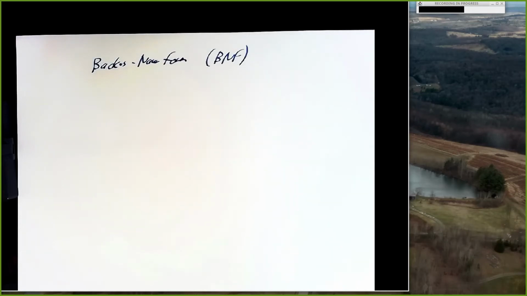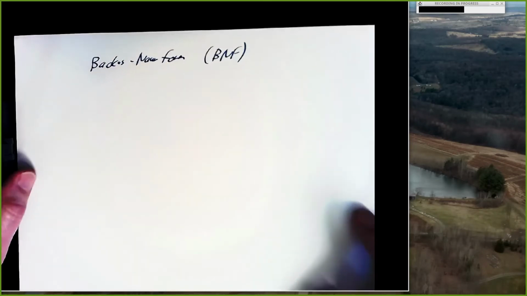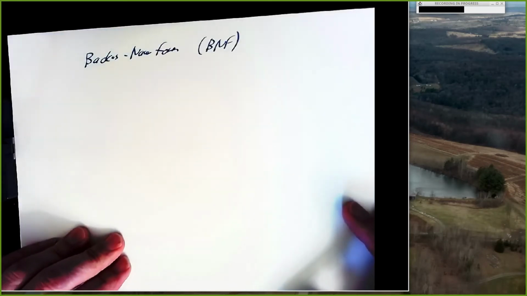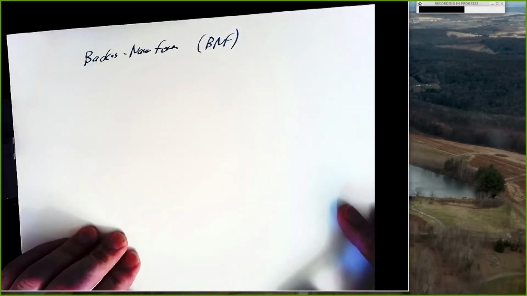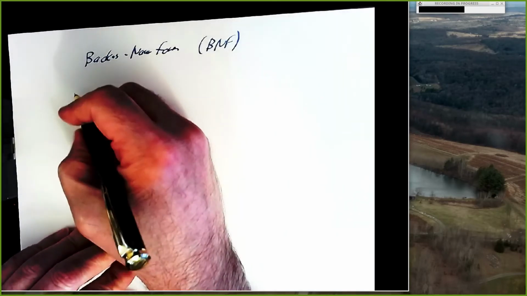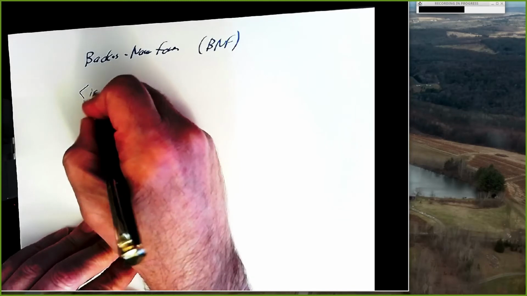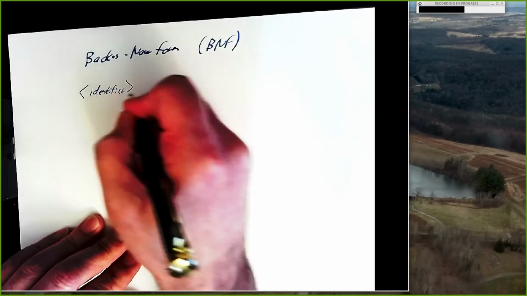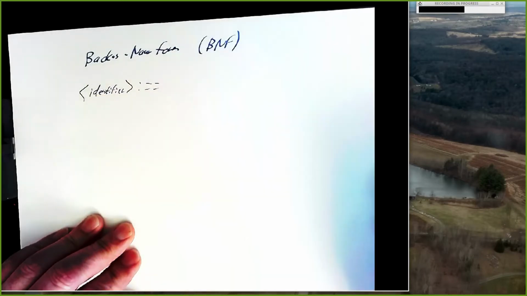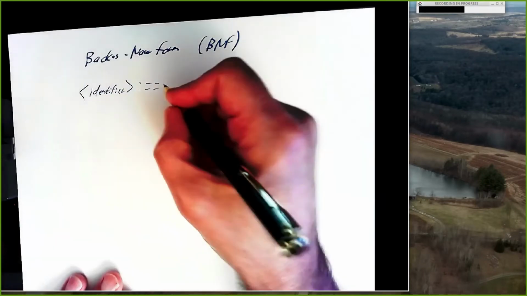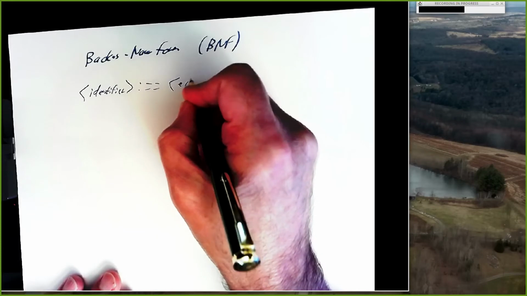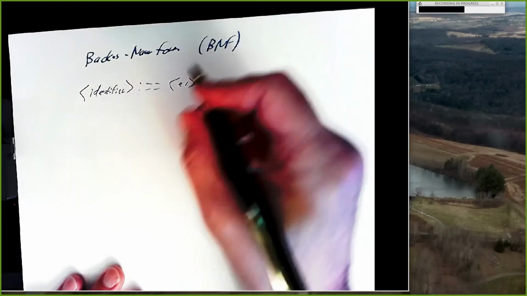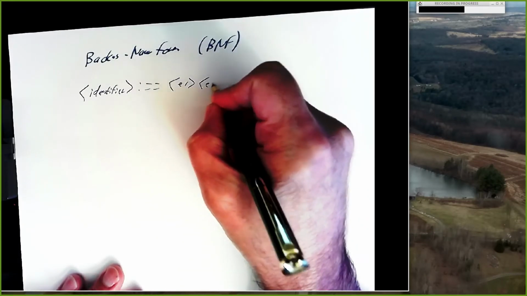And the way this generally works is we write a series of rules which describe one thing in terms of other things. And so we put inside angle brackets some kind of identifier, colon equals equals, and then we list some expression inside angle brackets, maybe followed by some other expression.